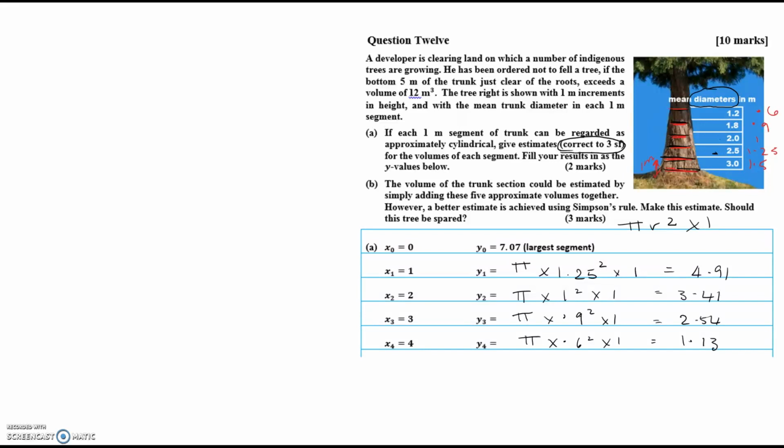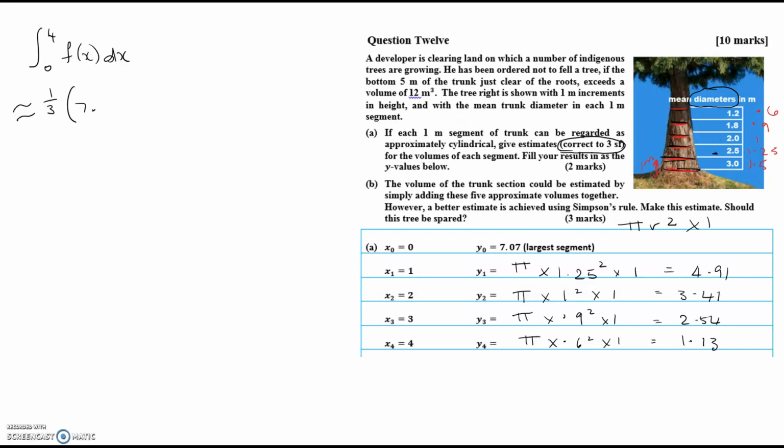But you did have to read the question to see what was going on. Now, the integral using Simpson's rule, approximation: we don't know the function, but we can find the area by using Simpson's rule. And using the formula on the sheet, it'll be a third times 7.07.